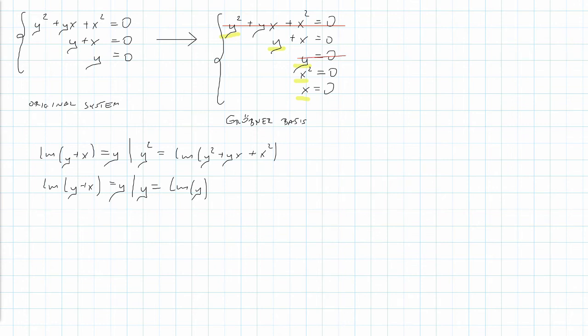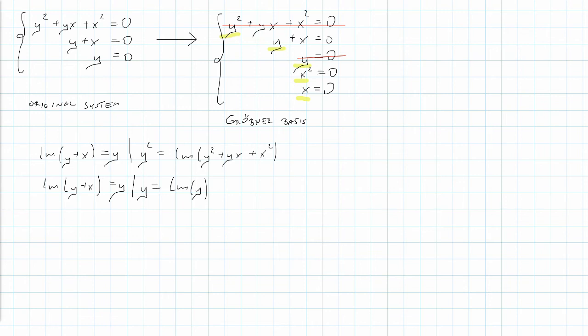Let me stop here for a second because we see that it would be more sensible to remove this equation rather than this one, because this one already gives us the solution, y equals 0, while this one doesn't. But I do it intentionally, to show you that this procedure will finally result in the same system of polynomial equations, which will produce the solution.